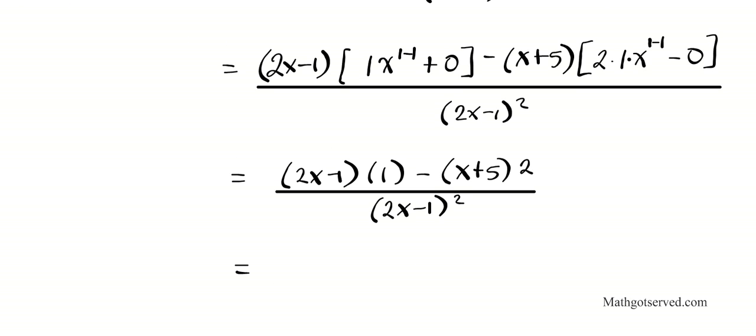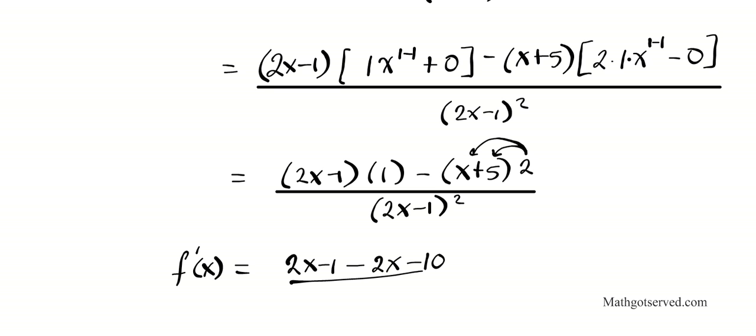So this is f prime of x so far. We're going to have 2x minus 1. If you distribute 1 to these two, nothing changes. Minus 2x. Don't forget to distribute this minus to this plus right here to make it minus 10. I distributed this 2x into the 5. All right, over 2x minus 1 quantity squared.